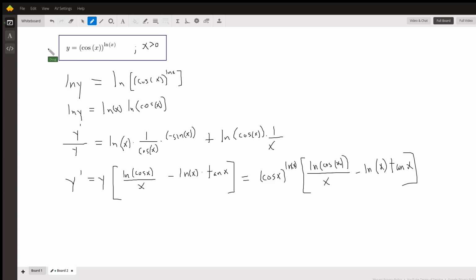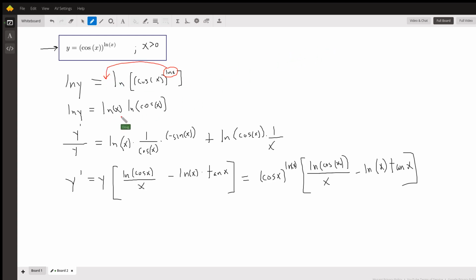So there's the original function again. The idea is when you have a function of x raised to a function of x, you want to take the natural log of both sides in order to move this exponent down front using the power property of logarithms.